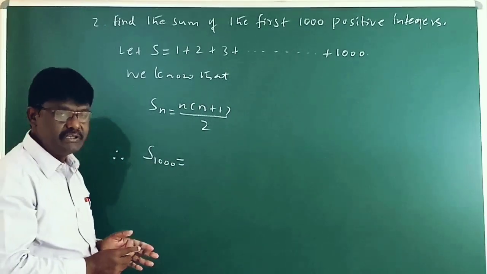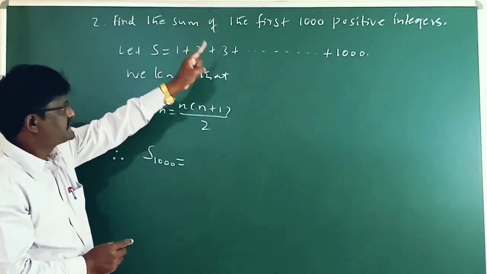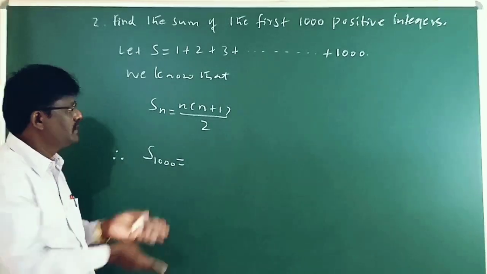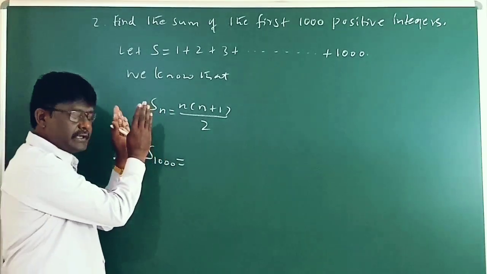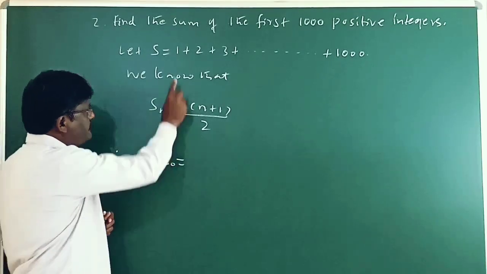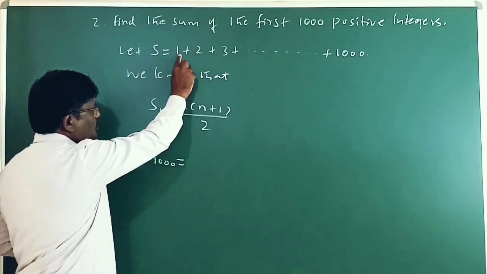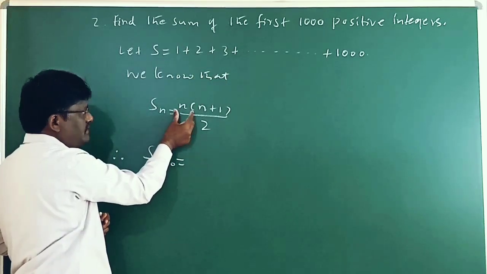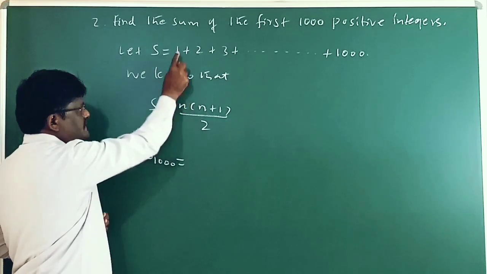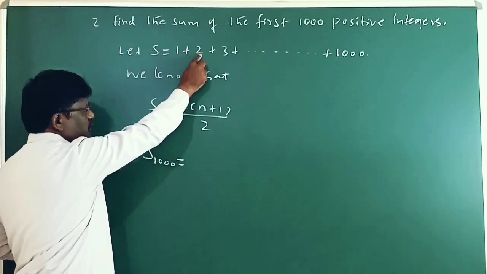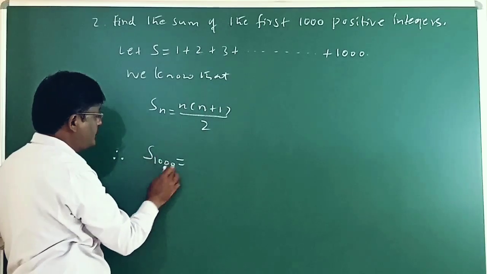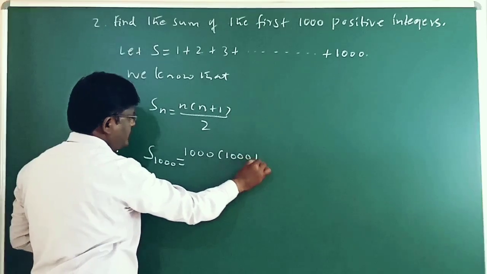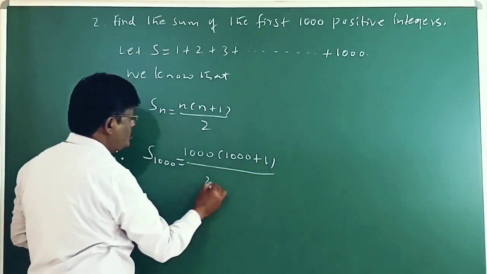Hence children here S1000 means what does this mean here? Sum of first 1000 positive integers. That's only one unknown and that is 1000. And keep in mind once again, it should start from 1, common difference 1, and if it ends with n, then we write this. Therefore here, it resembles the same. Starts with 1, common difference 1, ends with 1000. That's why S1000 equal to 1000 into 1000 plus 1 divided by 2.